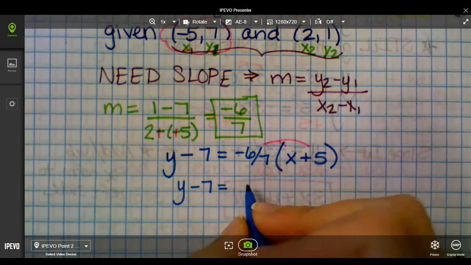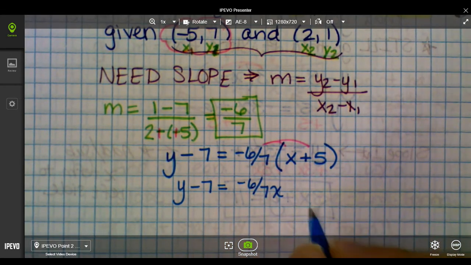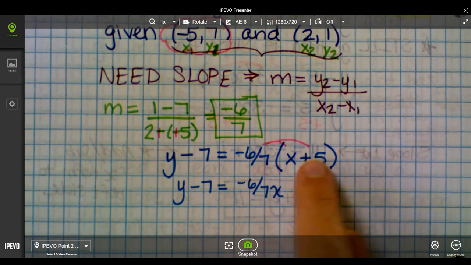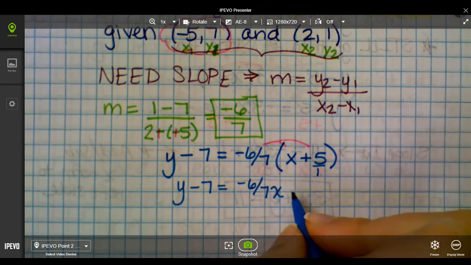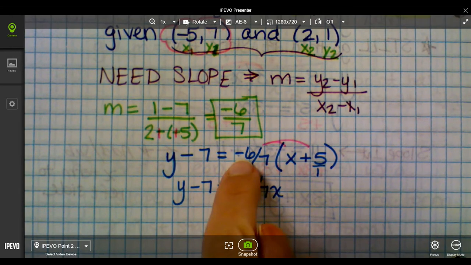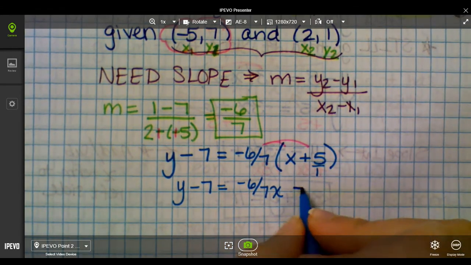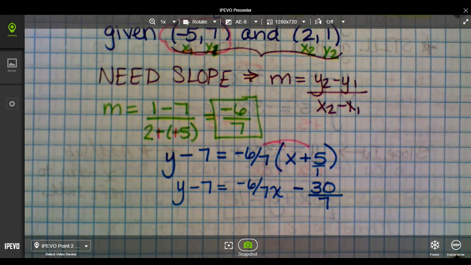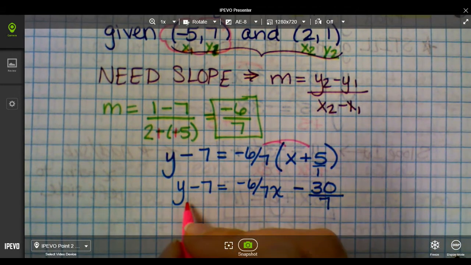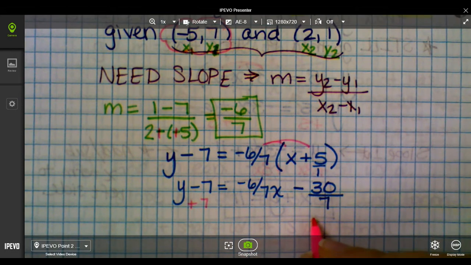So -6/7 times x, that's easy, -6/7 x. But again, I can't divide the 5 by 7, so treat this guy like 5 over 1, multiply the numerators and denominators. So -6 times +5 is -30, and 7 times 1 is just 7. And then I have to add my 7 over here.